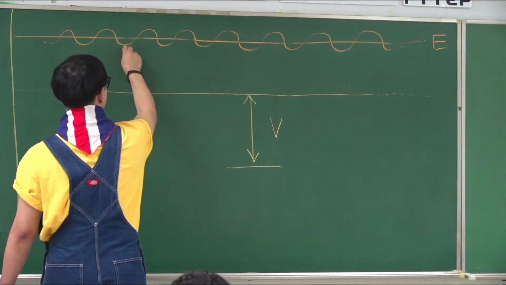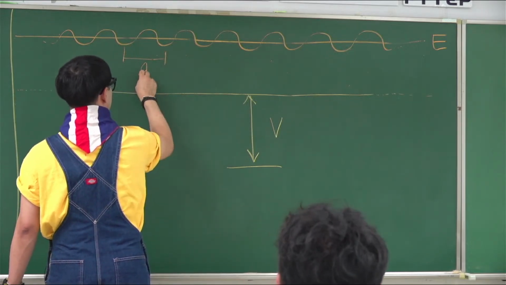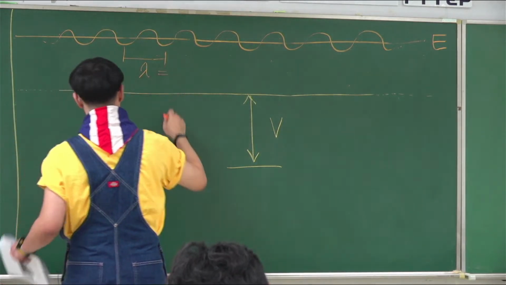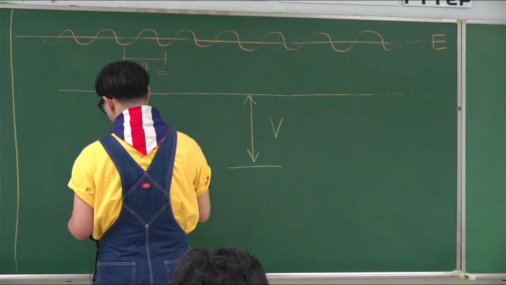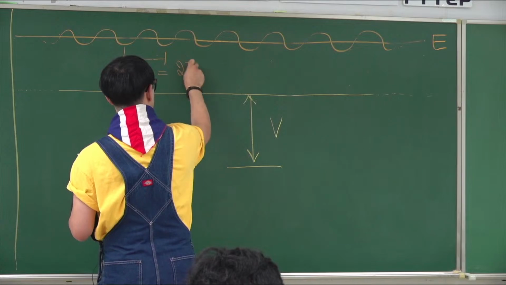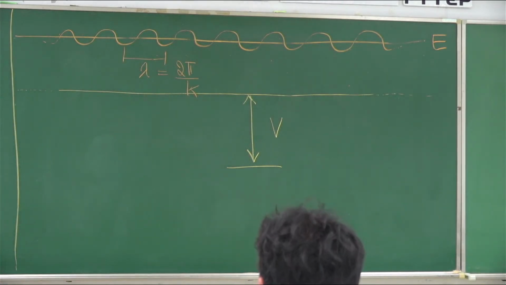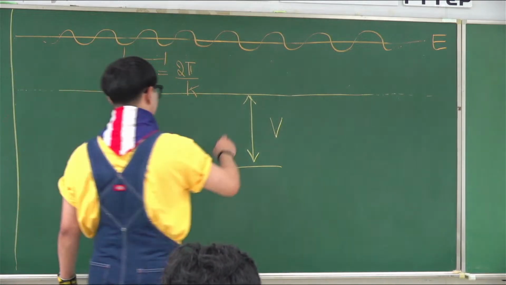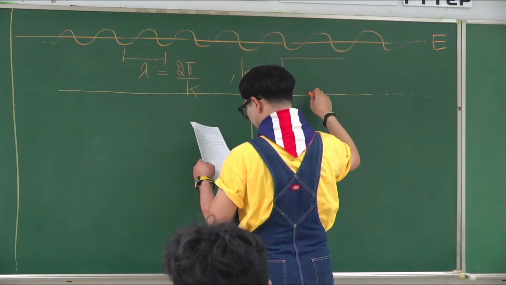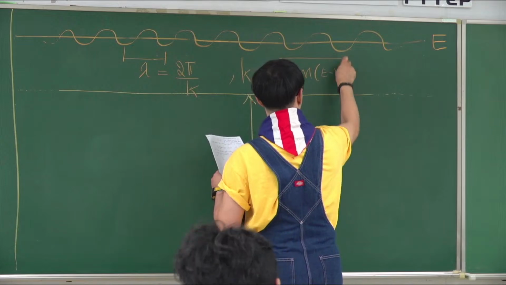And you could compute the lambda, which is h over p, the de Broglie wavelength. We could explain it in terms of the wave vector k.